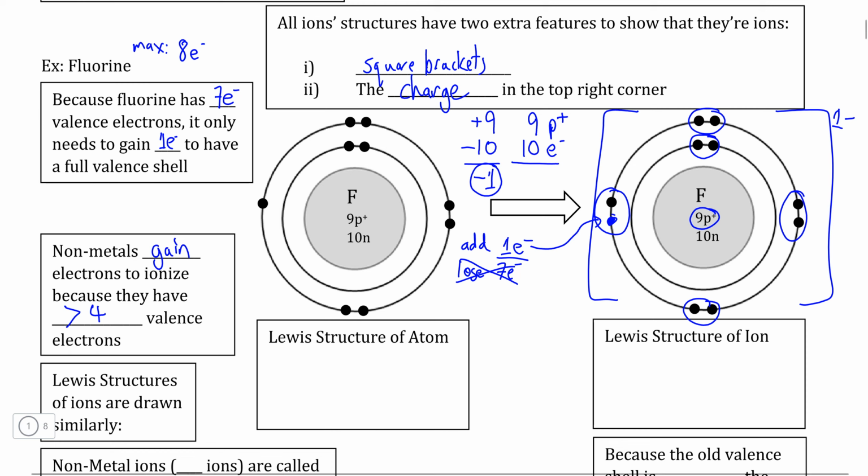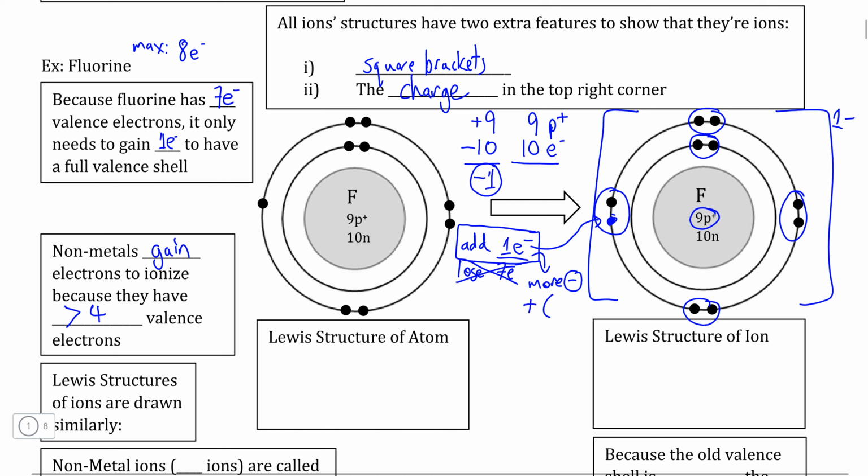If you would like an even more straightforward way, we can simply look at the number of electrons that fluorine is adding. Because we are adding 1 electron, that means that we are making fluorine more negative because each electron has a negative charge. Specifically, we are making fluorine more negative by negative 1.